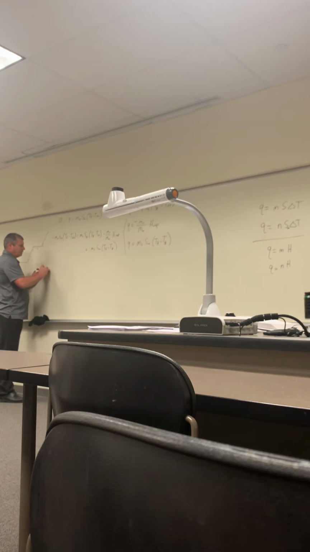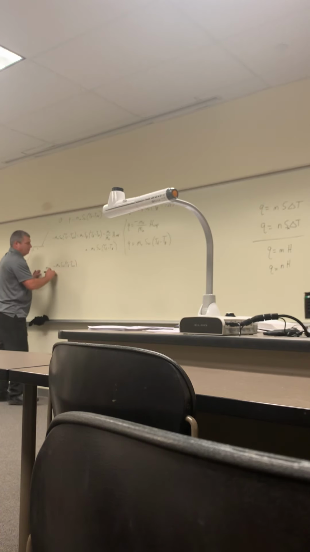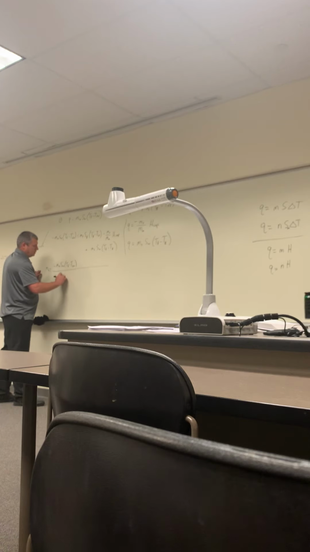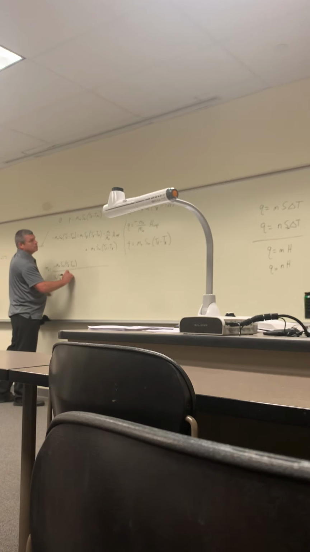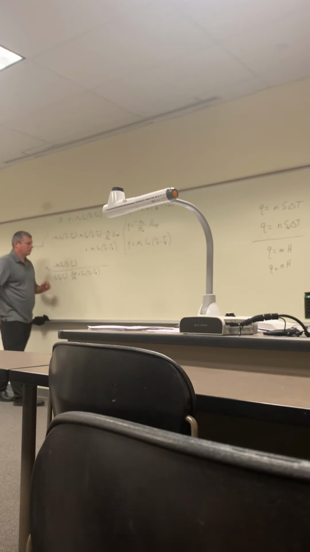So without cleaning up the fraction, which I could, but I don't need to, mass of the steam equals negative mass of the water, specific heat of water, temperature final minus temperature initial of the water, divided by specific heat of steam times temperature boiling minus temperature initial of steam, minus heat of vaporization divided by molar mass, plus specific heat of steam times temperature final minus temperature boiling. And I have all those numbers.